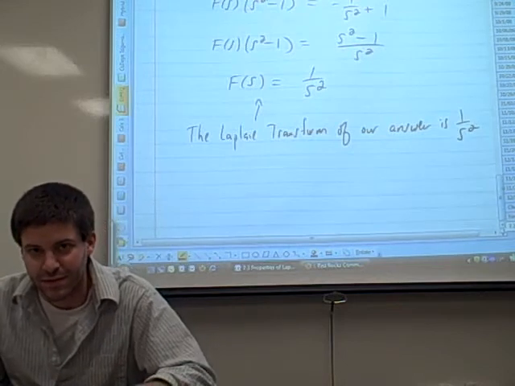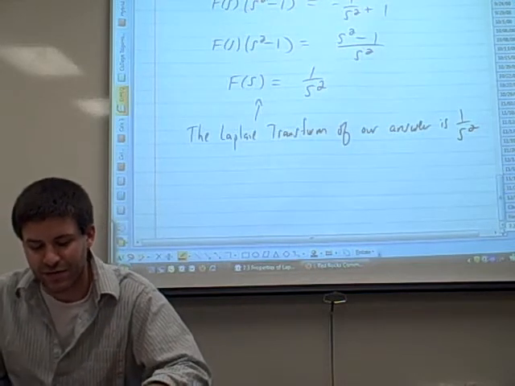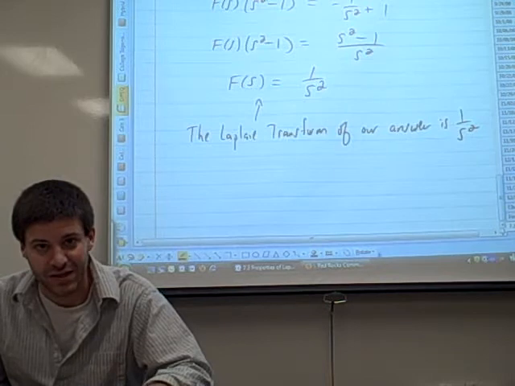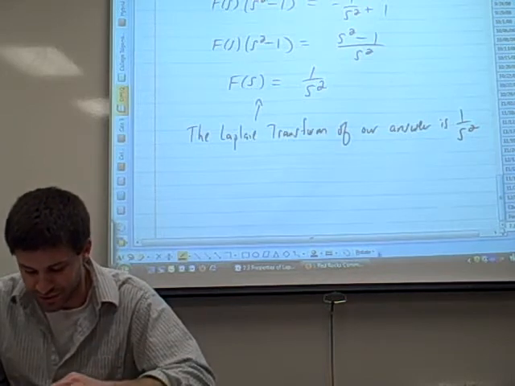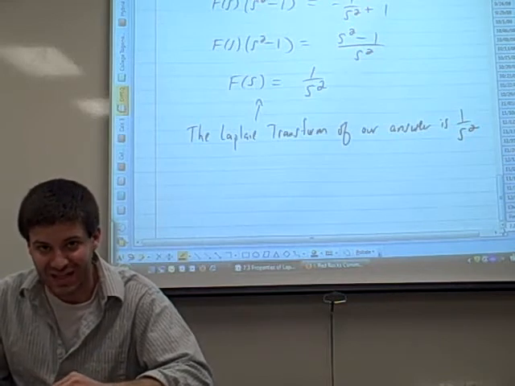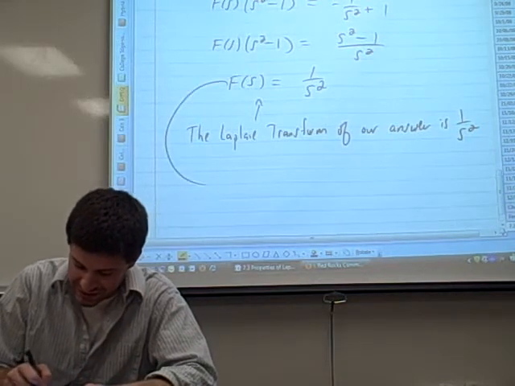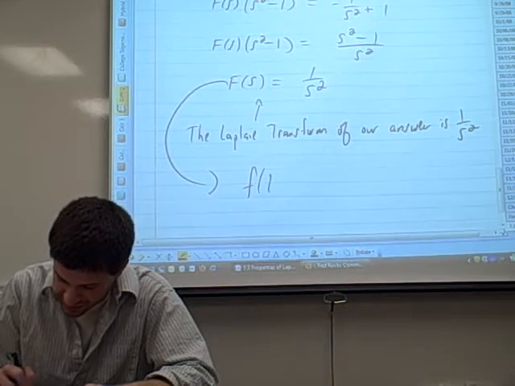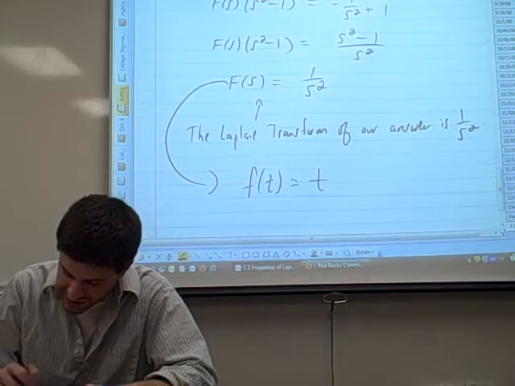Now, think about it. We have found that the Laplace transform of t is 1 over s squared. So if the Laplace transform of our answer is 1 over s squared, then our answer must be t. So what this line tells us is that f of t equals t.